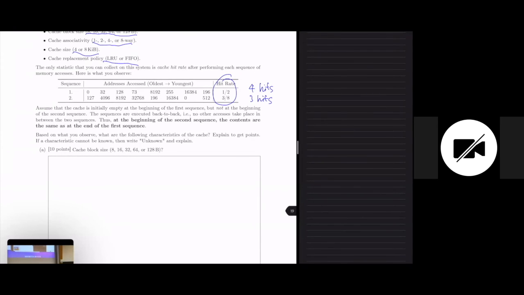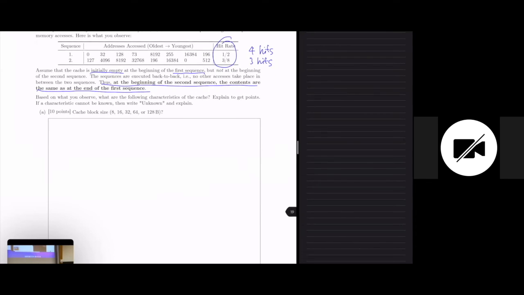The next paragraph is very important. It says that the cache is initially empty before the first sequence, and the 2 sequences are executed back to back. So at the start of the second sequence, it will see the cache as it is at the end of the first sequence.